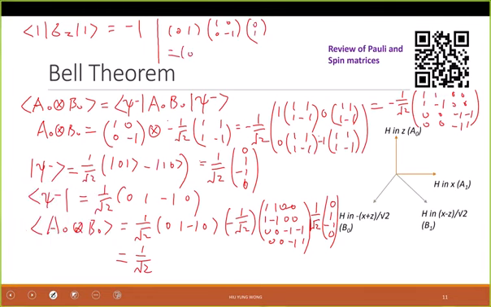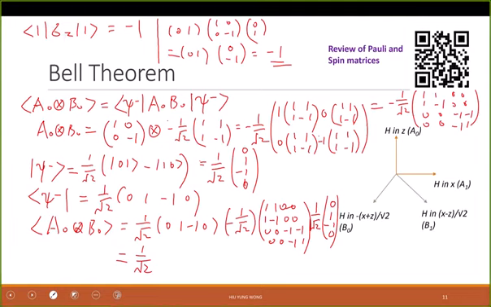So what do you get? You do the multiplication, you get 0, negative 1. And then you do one more multiplication, you get negative 1. Just to show a special case, this one gives me the expectation value. But if you have alpha, beta, not 0, 1, then you will get alpha squared minus beta squared. That is what we had in the assignment, isn't it? Do it yourself.